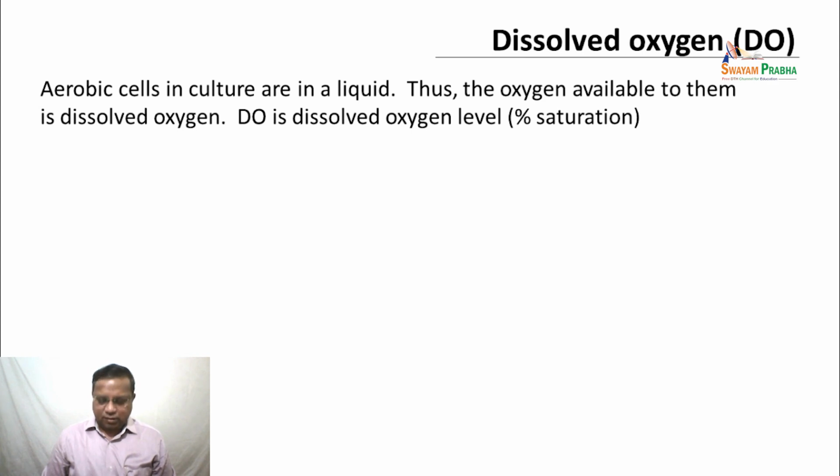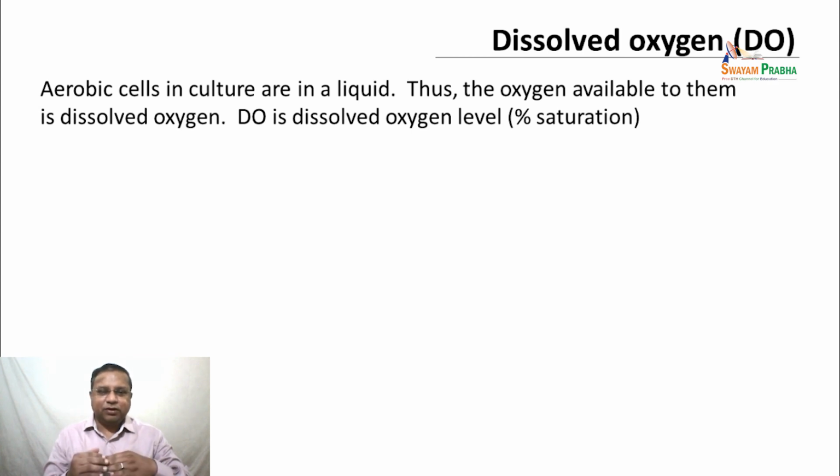What it means is, you would have been introduced to the concept of equilibrium. Let us say that we are considering water which is in contact with air. Oxygen which is in the air will transport to the water phase, the liquid phase, from the gas phase.